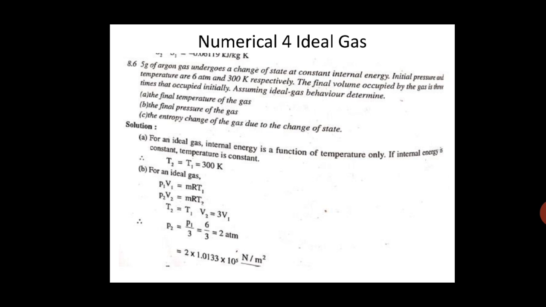Only the volume has changed, and the temperature remains the same because internal energy is a function of temperature only. Accordingly, T2 is equal to T1, that is 300 Kelvin, and we found the pressure by using the ideal gas relationship for the initial condition, that is 1, and the final condition, that is 2. Okay, thank you.